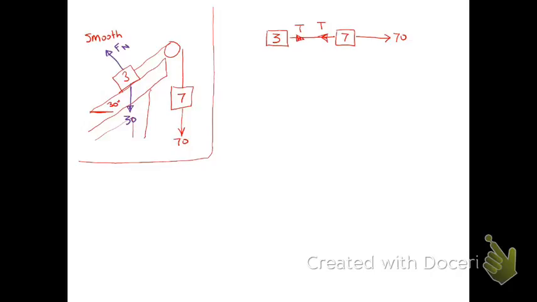But that 30 does have a component. If I resolve that 30 in that direction, it's going to be 30 sine 30. I try not to use the same number twice.